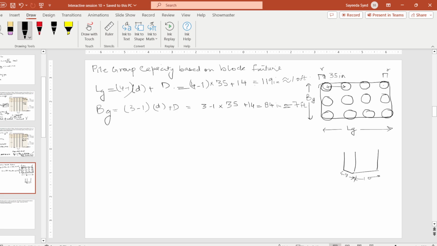So our Qg will be equivalent to Qpg plus Qsg. This will be equal to, here you see that we have to use a modified NC.